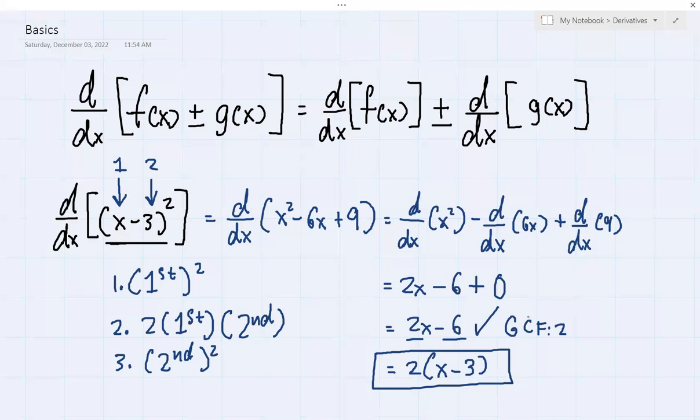That's how you basically do it when we have a given polynomial with an exponent which we can expand. So, the practice is to apply the sum and difference rule of differentiation to algebraic expressions with exponents that can be expanded.